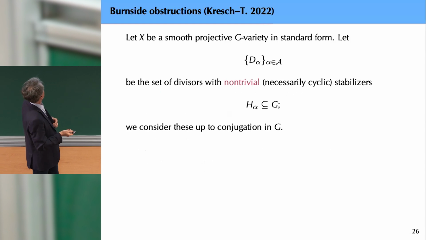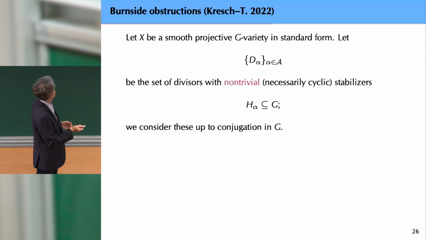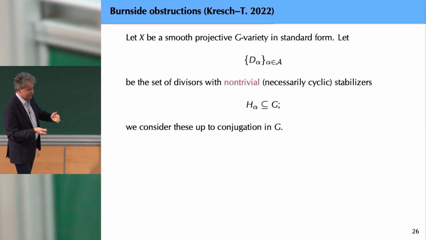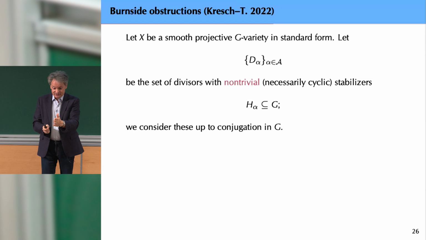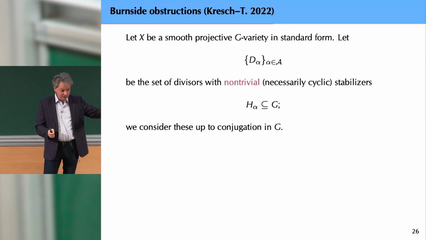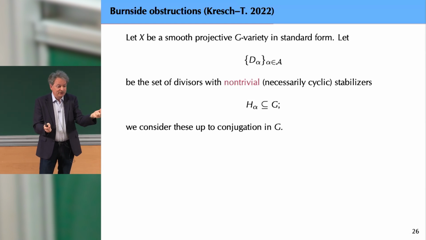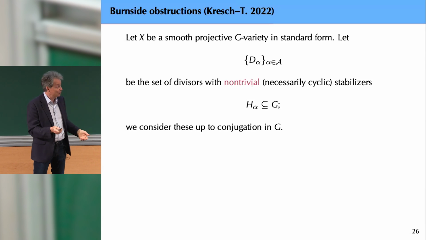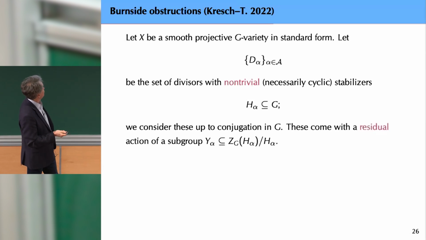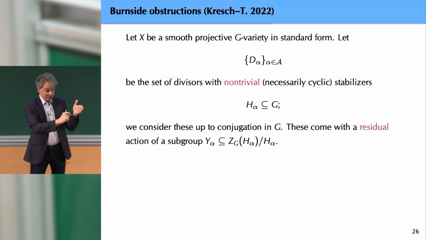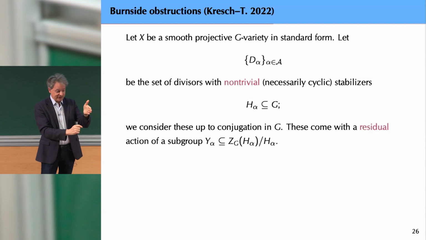So now, when we have such a thing in standard form, we look at the divisors, and we pick those which have non-trivial, so necessarily cyclic, stabilizers. Then, as I told you, when you get a divisor, you get potentially a whole orbit. In that orbit, we pick one representative. We don't want to keep the whole orbit, and we just write down a representative under conjugation. When you fix the representative in an orbit of a divisor, you have a stabilizer.